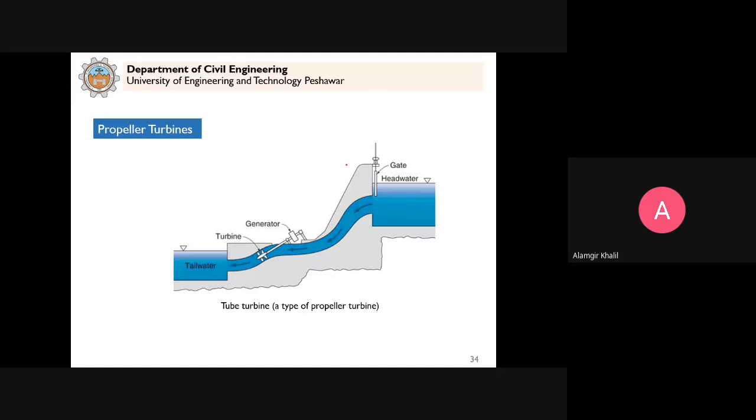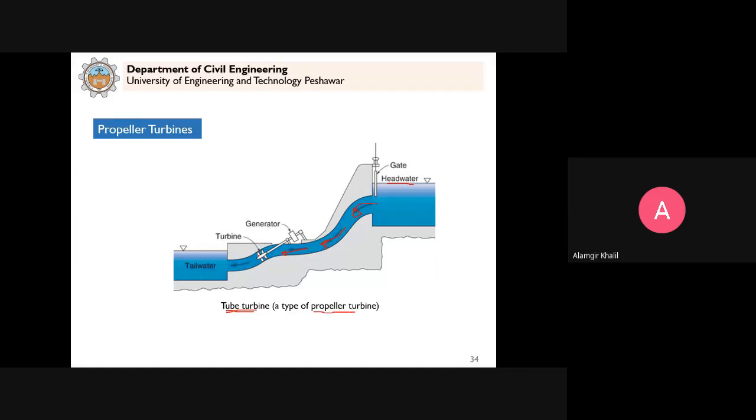This is now the figure which is given in our textbook, called the tube turbine. So you can see here that from the headwater, the water is supplied through these penstocks, tubes, tunnels. And you can see that it will rotate. This is a propeller type.